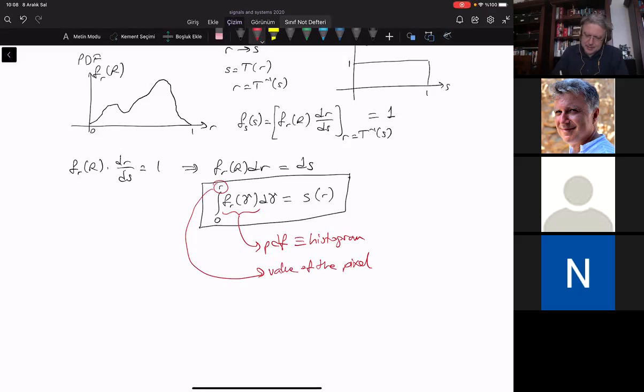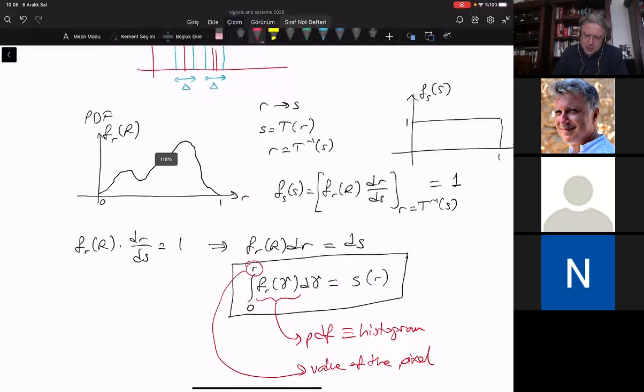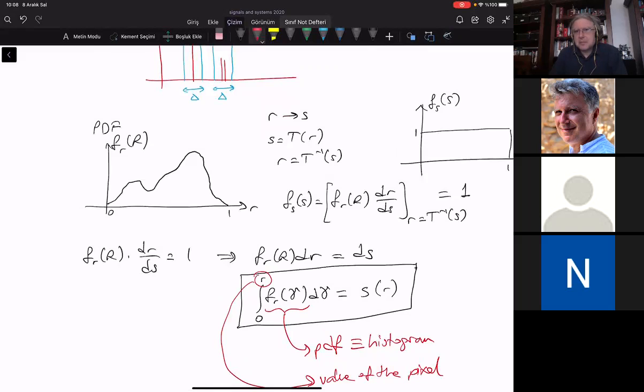Let us make an illustration on this PDF. Suppose that the value of R is here. So what will be S? This R will be mapped to an S value. What is that S value? And then what will you do after doing this mapping?